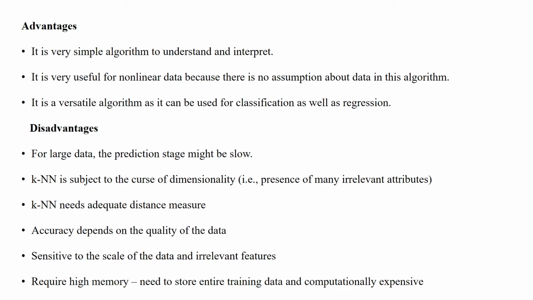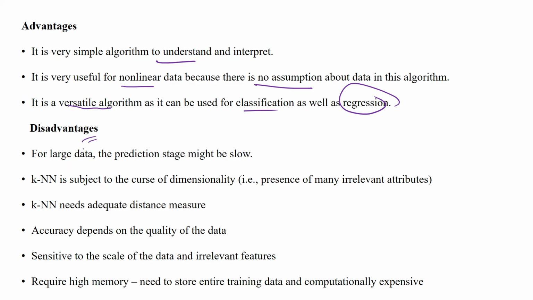The advantages: it is very simple to understand and interpret, and it is useful for nonlinear data because there is no assumption about the parameters. It is a non-parametric algorithm which is also versatile. It can be used for classification and also regression; there is a KNN regression algorithm.